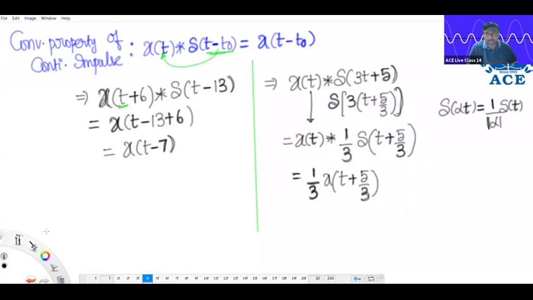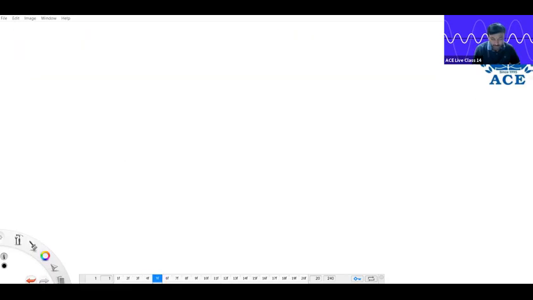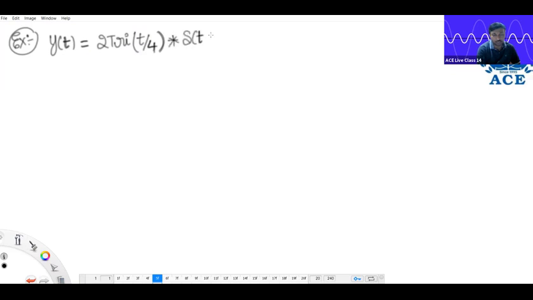Okay, moving to the next slide. Be ready to try the next problem, everyone. A signal y of t is given as 2 tri t by 4, meaning a triangular pulse, convolved with del of t minus 2.